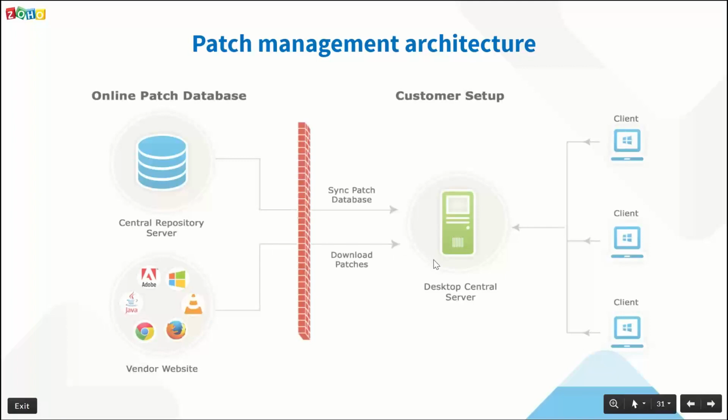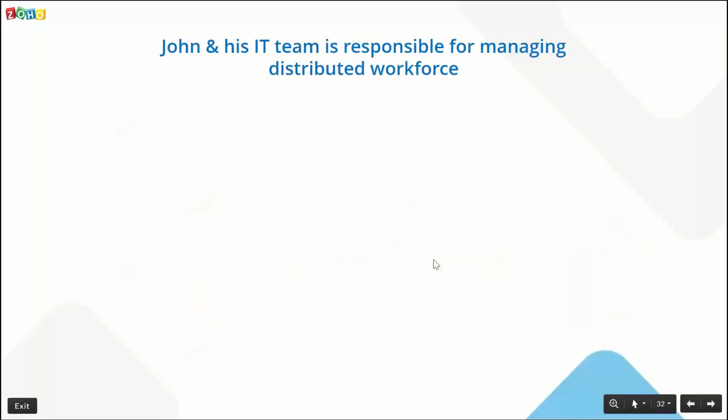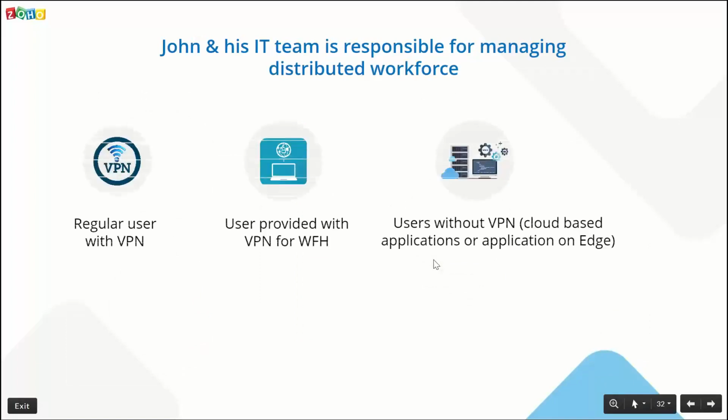That said, let's take a look at how the endpoint can be managed in the work from home scenario. So we would have come across these types of users in the work from home scenario.